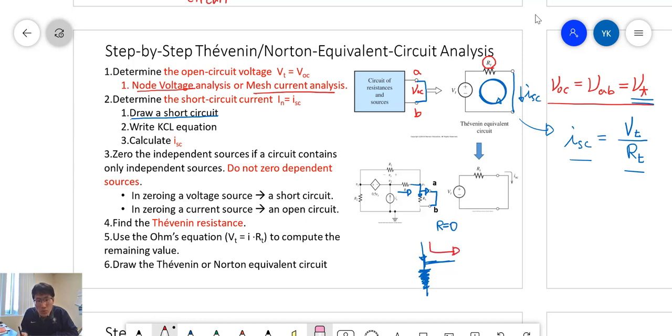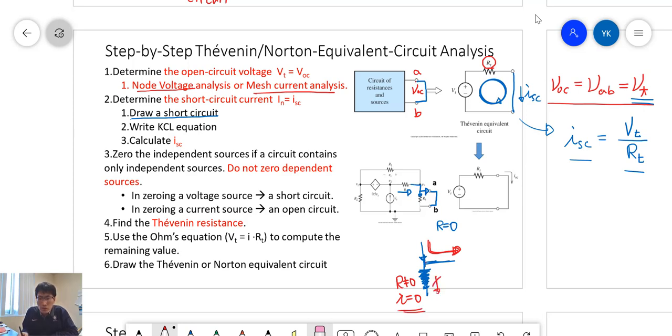Current will flow into the short circuit only because the resistor's resistance is not zero, so current only flows in this direction, which means the current across the resistance will be zero.